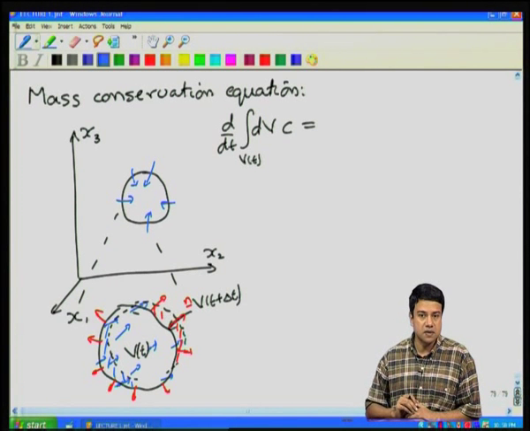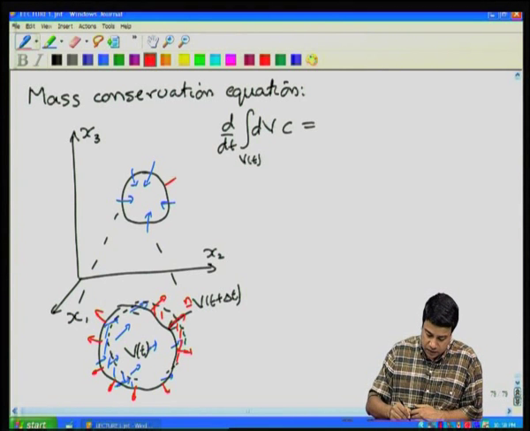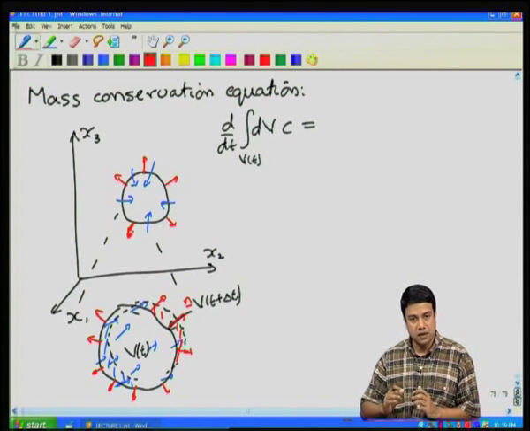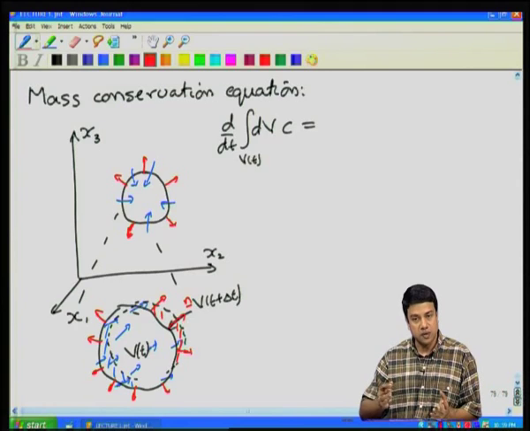It increases the concentration if the flux is inwards, that is, it is opposite to the outward unit normal. In all of these I define the outward unit normal as n. So, there is an increase in the mass within this volume if the flux is inwards. The flux is defined as positive if it is inwards, that is, it is opposite to the outward unit normal.